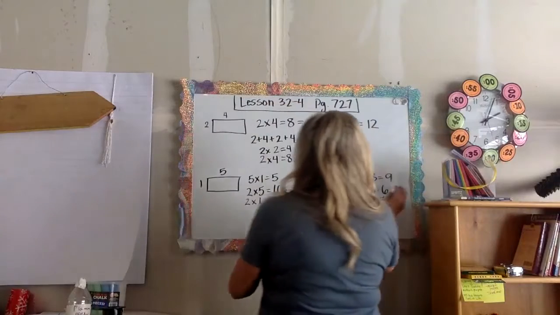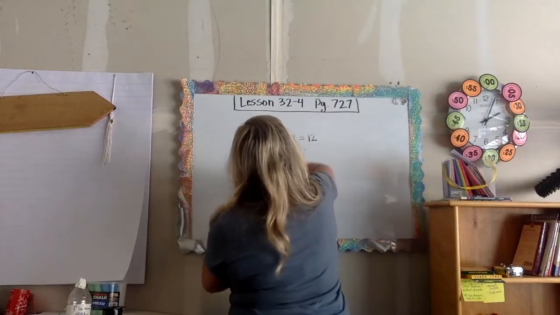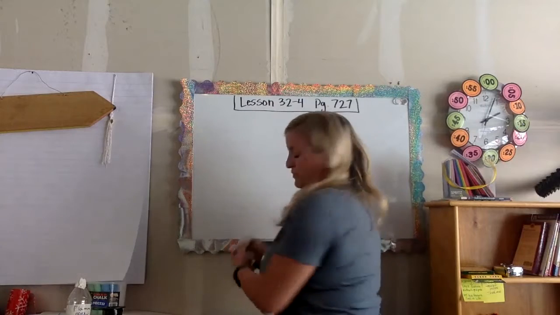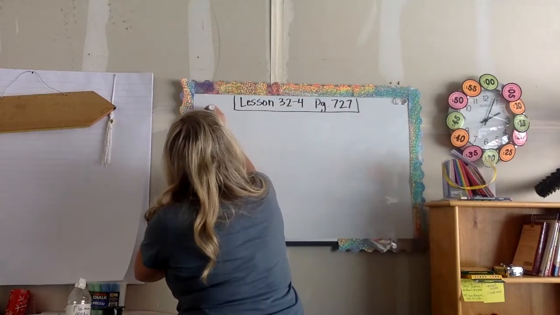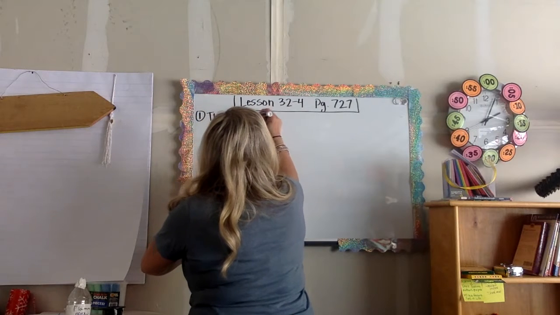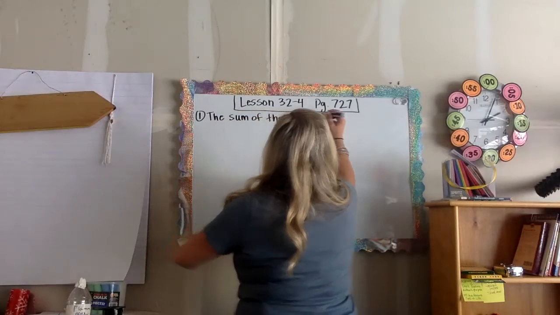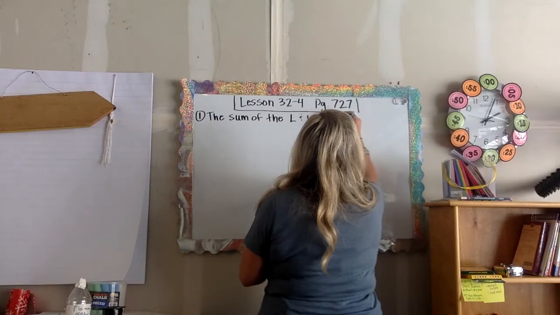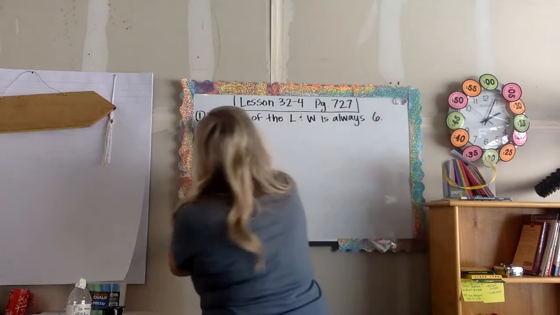And I will erase these. So hopefully you got those written down. So number 1, the sum means we're adding. The sum of the length and width is always 6.